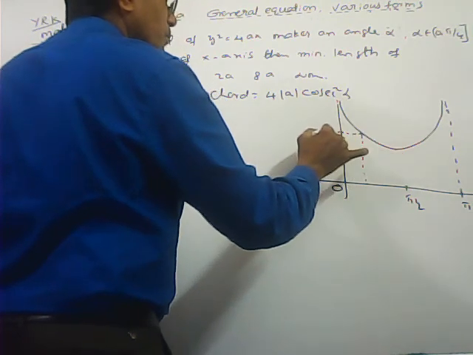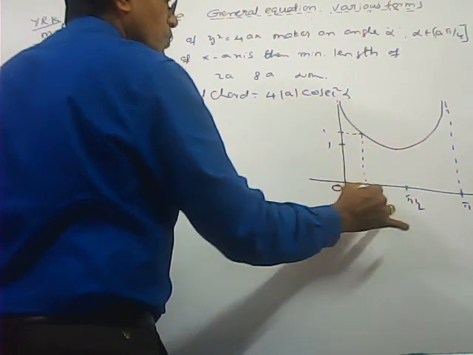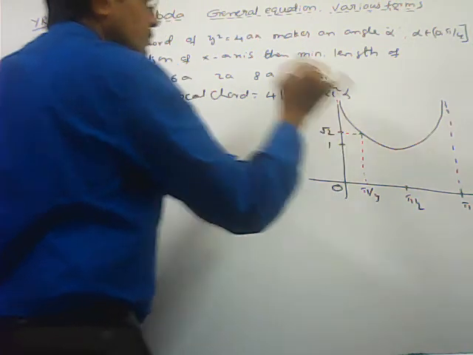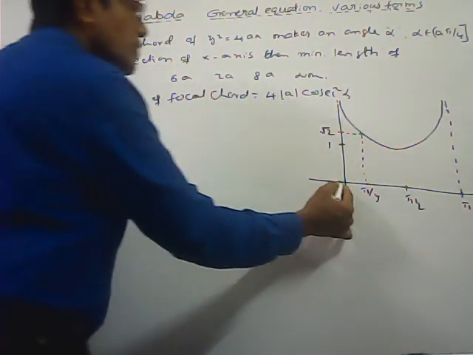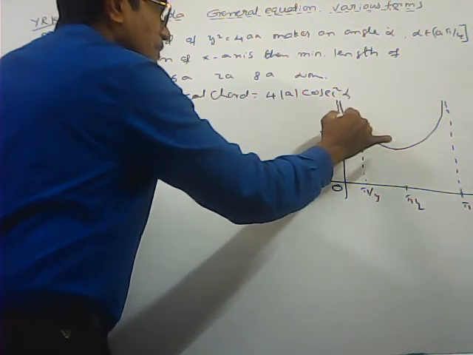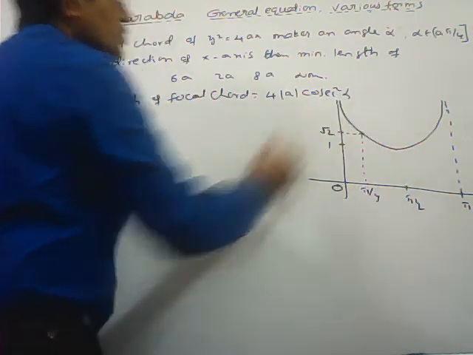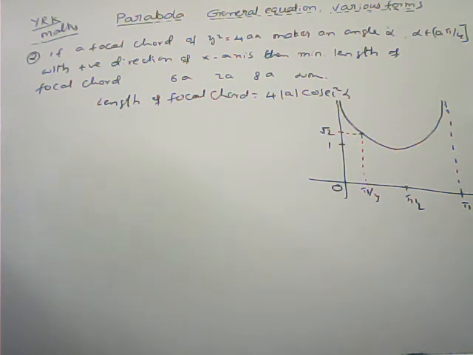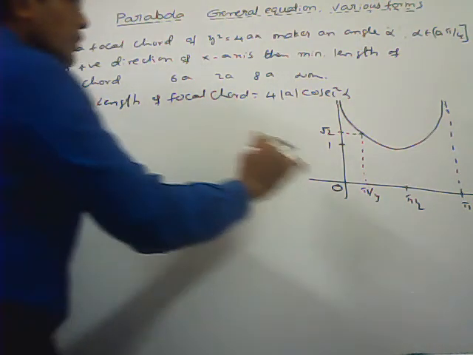Cosecant pi by 4 is the √2. Here 0 to pi by 4 is a decreasing function, and pi by 4 is included.